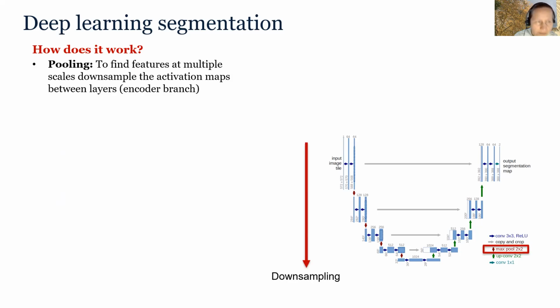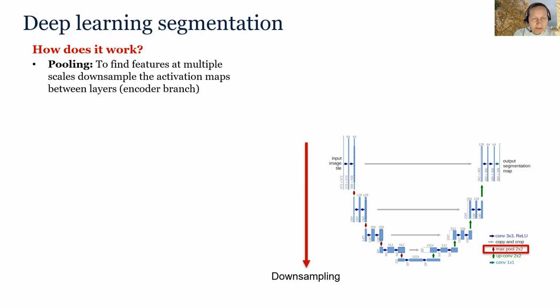So let's get back to the other bits. The next important element is pooling. The purpose of pooling is to find features at multiple scales. Because if we just do convolution, in the first layer we just get local features, as we've seen. But we also need a larger context. By downsampling, the convolutional kernel sees larger and larger parts of the image, even though in lower resolution.